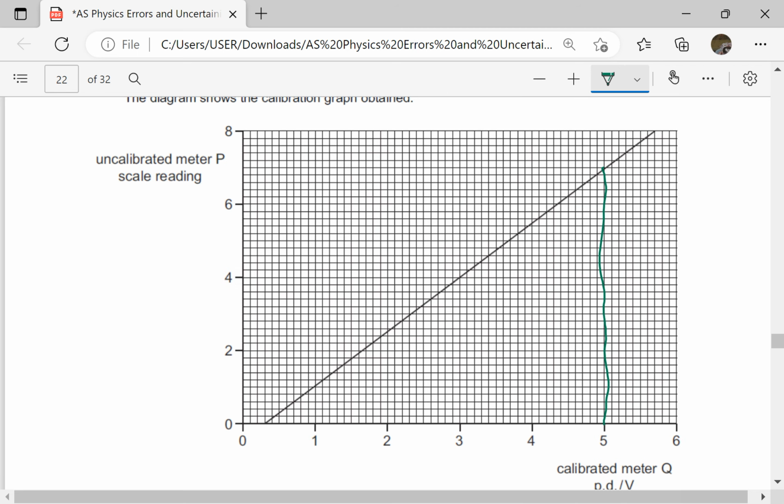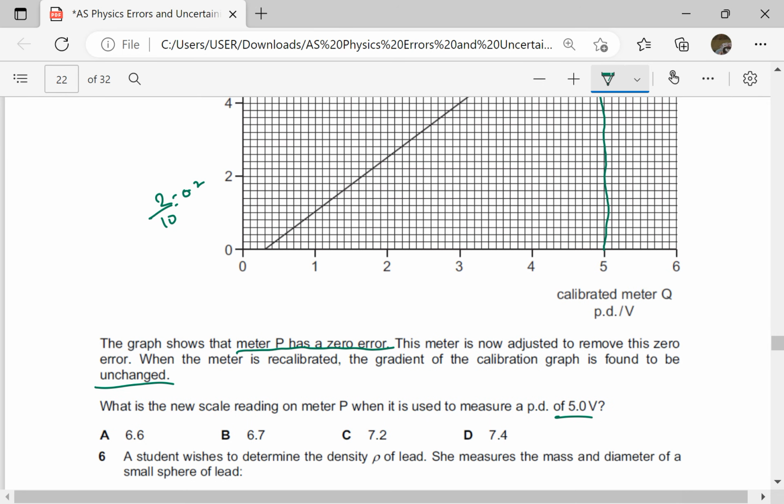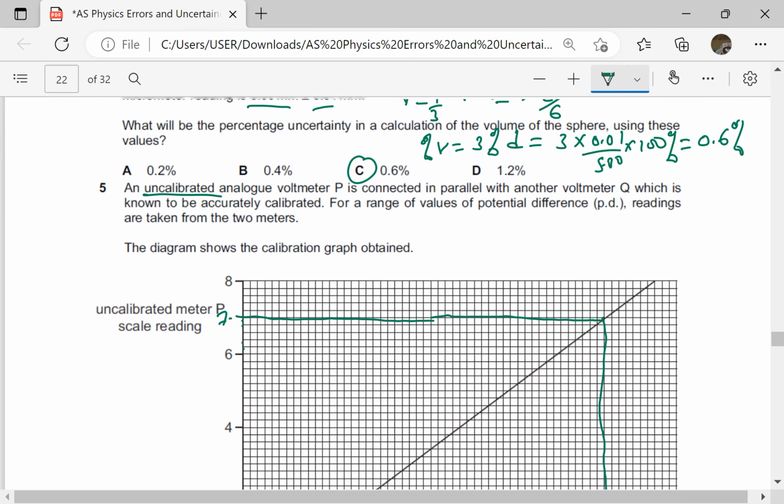So let's see 5 volts from Q. For the calibrated meter Q, 5 volts corresponds to, on the vertical axis, a scale of 2 divided by 10, that is 0.2. So this is 1, 2, 3, 4, 5. So this is going to be 7.0. But then remember the diagram shows the calibration graph obtained.